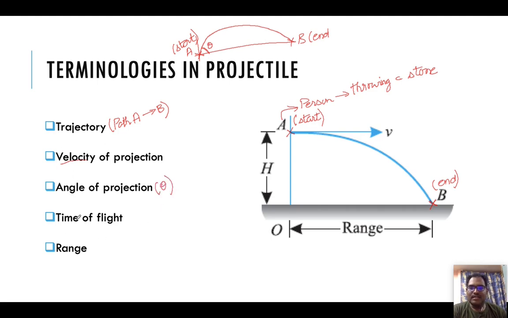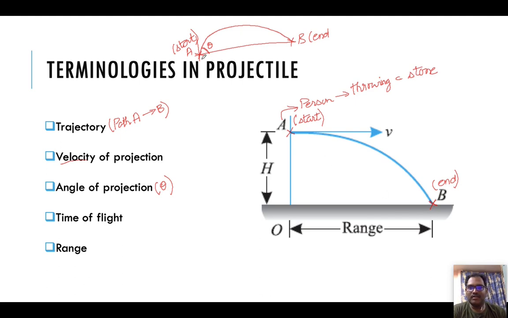Okay. The next terminology is time of flight. In either of these figures, the object starts from a particular point A and reaches a particular point B. There will be a time taken for the object to go from A to B. That is referred to as your time of flight. The next one is range, which you can find over here itself: the distance between your starting point and your end point.